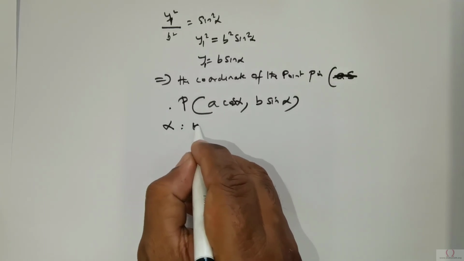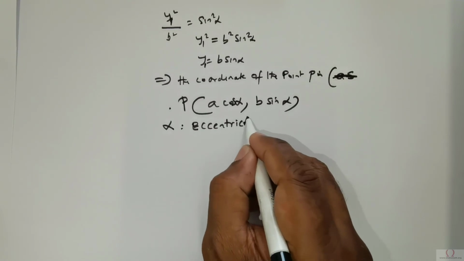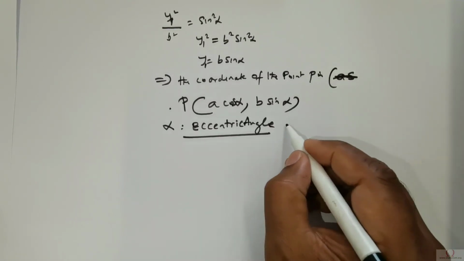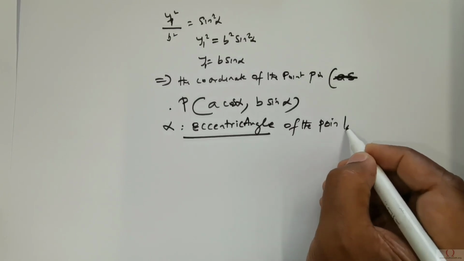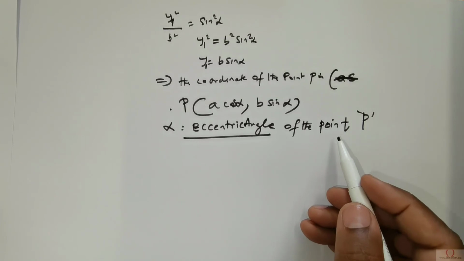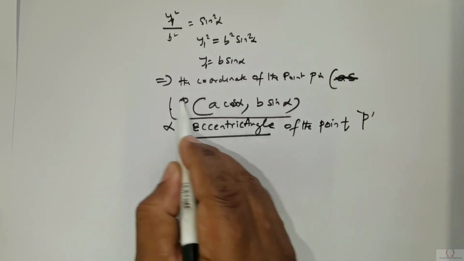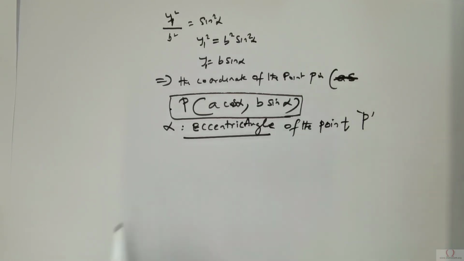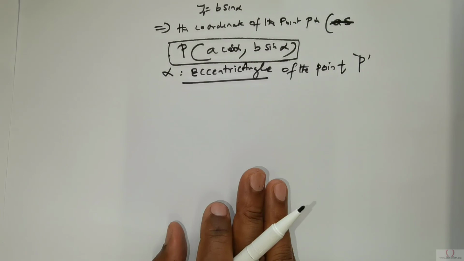Alpha is called the eccentric angle of the point P. Remember this, alpha is the eccentric angle of the point P. So this completes the solution for this question. And with regard to the hyperbola, you can always do the same thing.